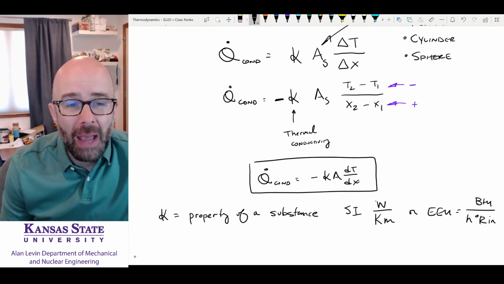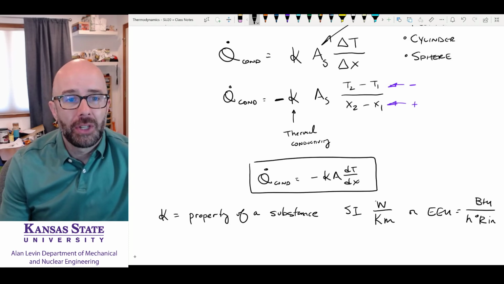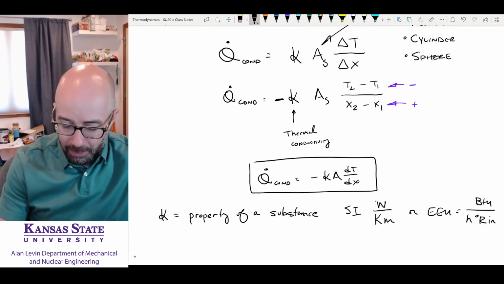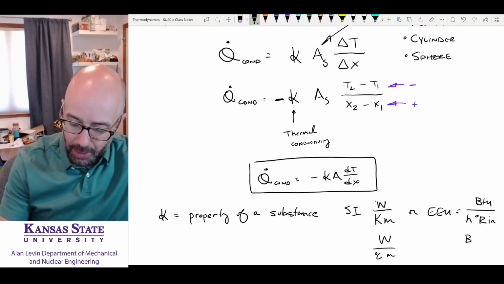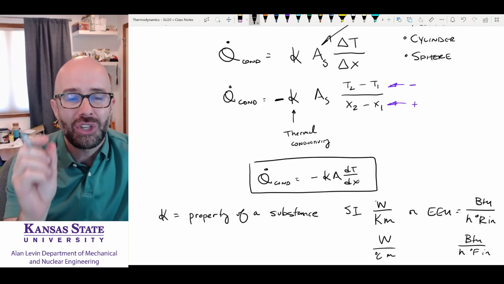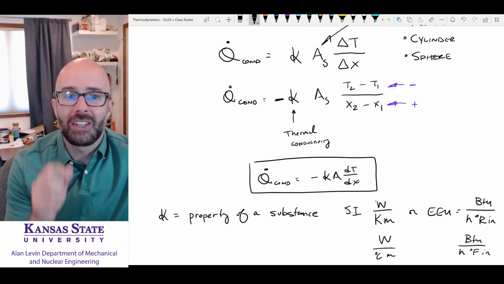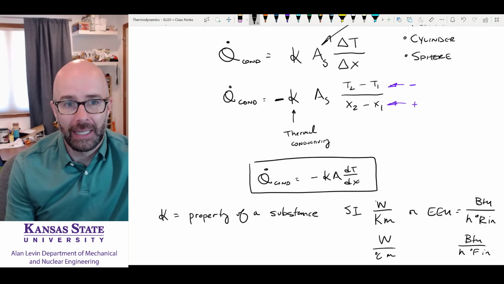Now, remember back when I was talking about units of measure and temperatures, I could also put this in watts per degree Celsius per meter. I could put this in BTU per hour per degree Fahrenheit per inch, and they would be the same unit because there's the same step size in Celsius and in degrees Fahrenheit. This is a very important idea to understand.